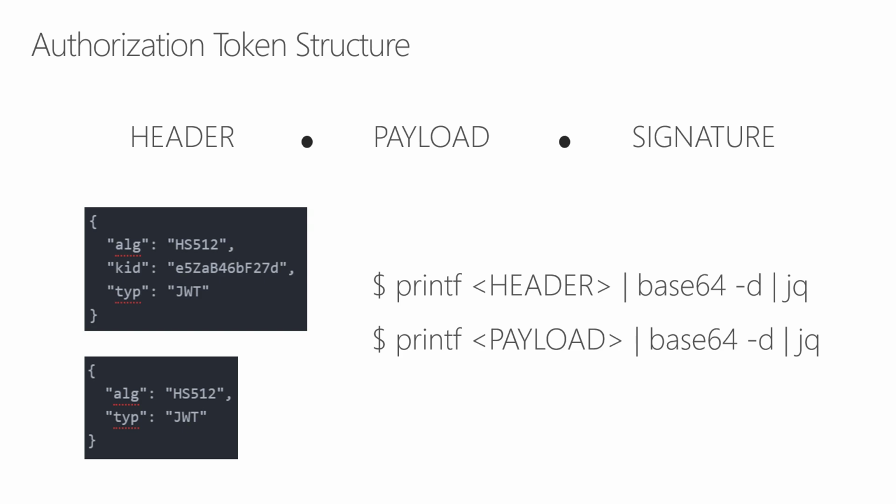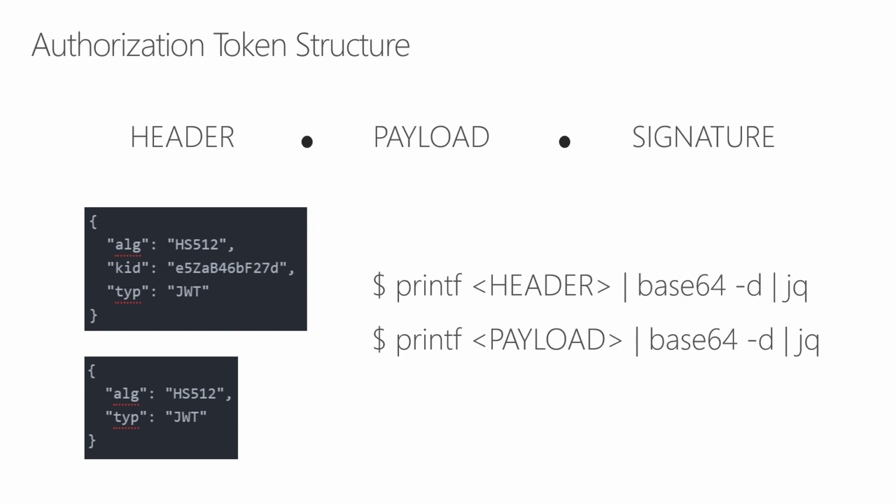The first part, before the first dot, is a header. If we run that header through a base64 decoding function, and then through the jq utility that just prettifies the JSON, you will see that the header is just an encoded JSON document.